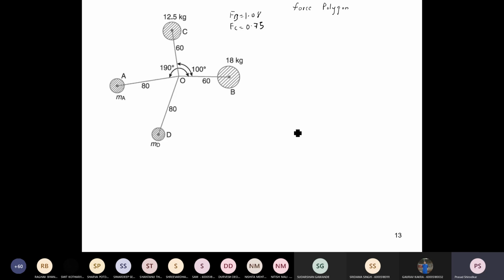Choose a suitable point O anywhere on your sheet and draw a vector OB to a suitable scale. So this is O, this is point B. So OB is equal to 1.08 and choose a scale.